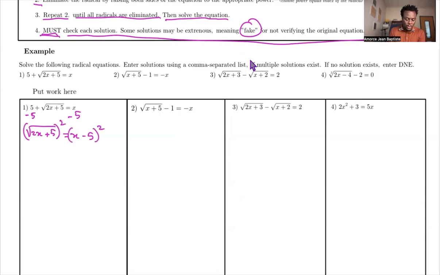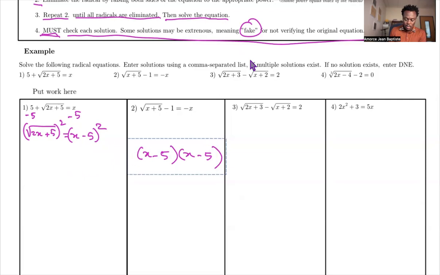The wrong thing to do would be thinking about distributing the power to get x squared minus 25. This is wrong, absolutely wrong. You can't do that. So what you're going to do here is write this as two expressions that multiply by itself. So the second side will be x minus 5, this is squared, times x minus 5, and then you FOIL it.